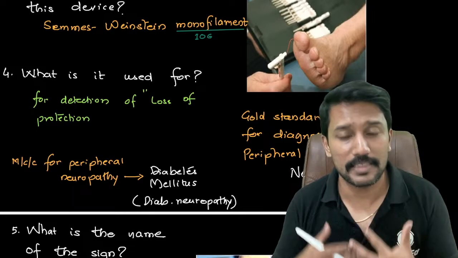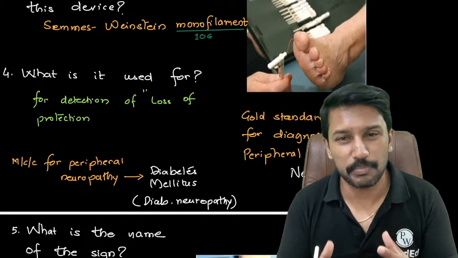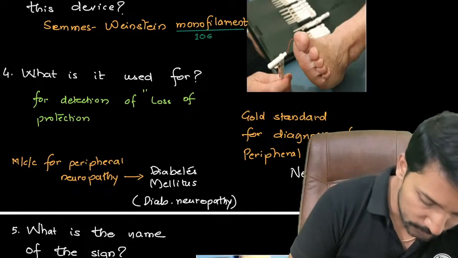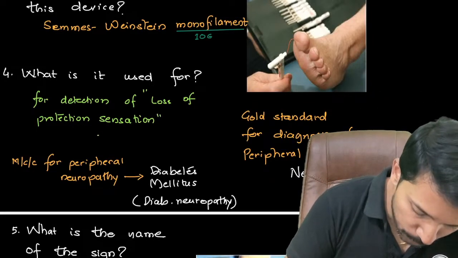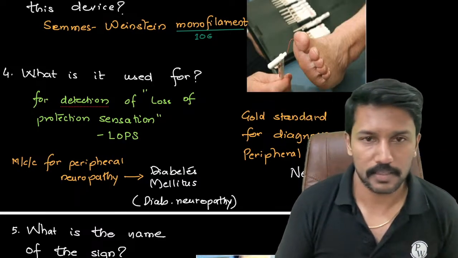That is the point where, as a physician, I refer the patient to a specialist called a podiatrist, who will design specialist footwear so that the foot of this individual is protected. So we call this loss of protective sensation, or in simple words, LOPS. Again an important MCQ that has been already asked.